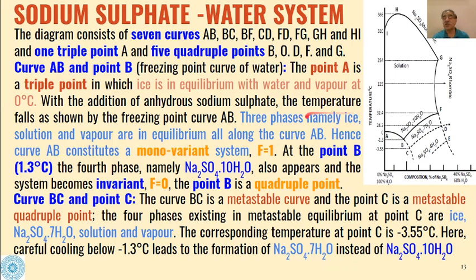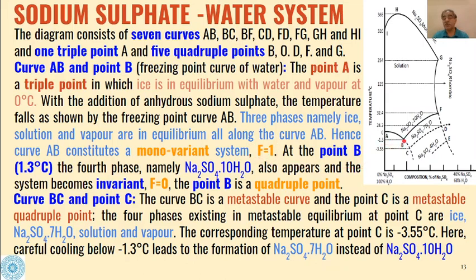Ice means solid ice, solution means solution of anhydrous sodium sulfate in water, and the water vapor is present in equilibrium with the other two phases. And along the curve, the system is monovariant because there are three phases and two components. The value of F comes out to be 1.